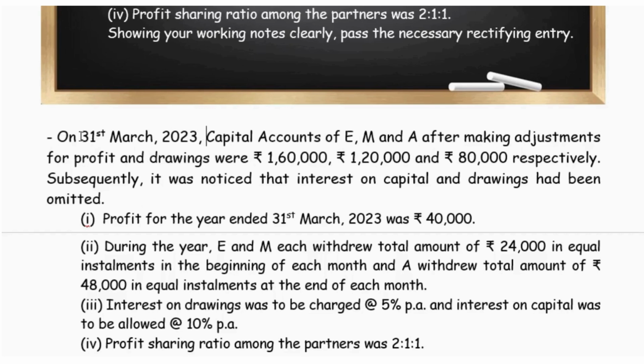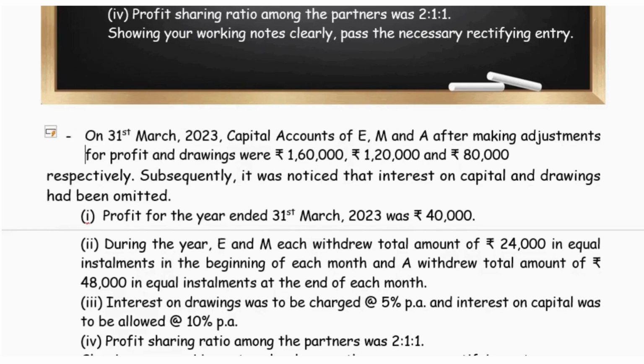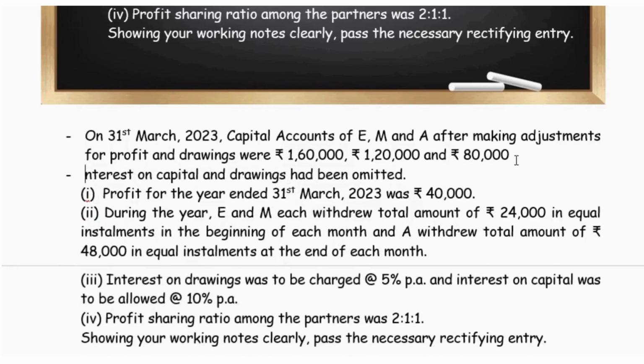On 31st March, the capitals of E, M and A, the three partners, were given respectively as 1,60,000, 1,20,000 and 80,000, and the interest on capital and drawings had been omitted.